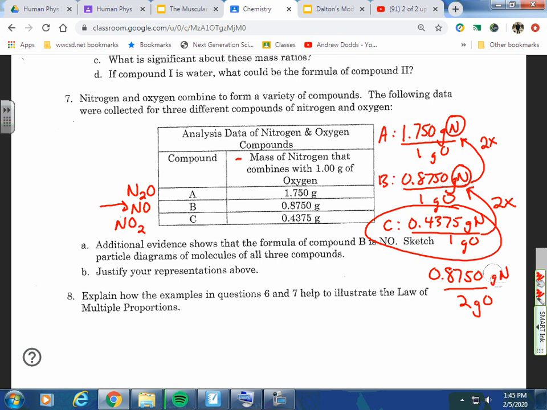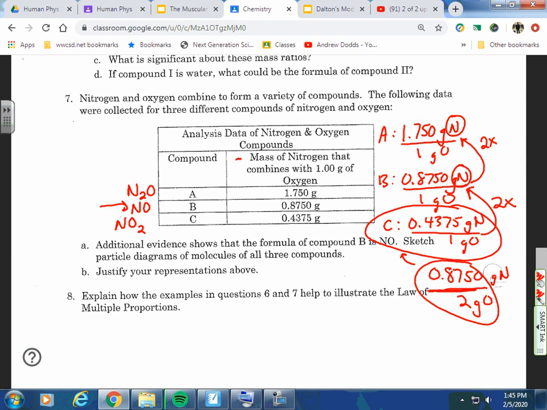Any idea how this ratio right here compares to the ratio in C? They're identical. Okay, so 0.8750 over 2 is the same ratio as 0.4375 over 1. It's just simplified. Okay, so that was a little tricky.